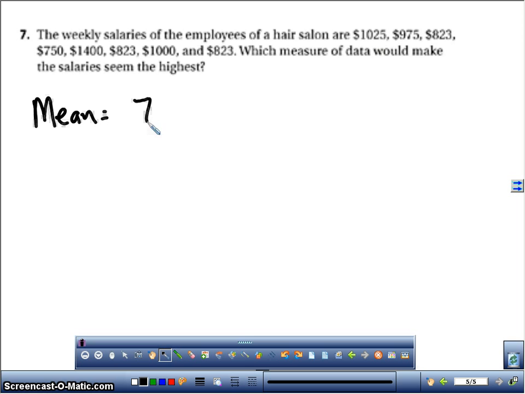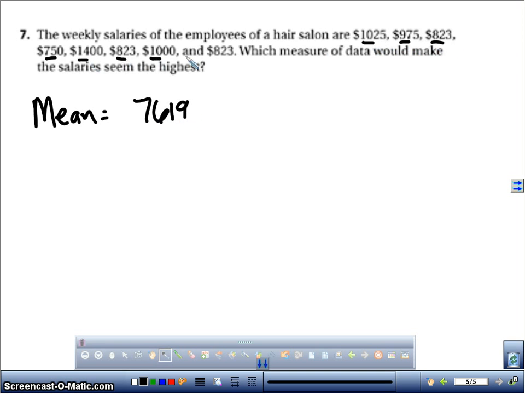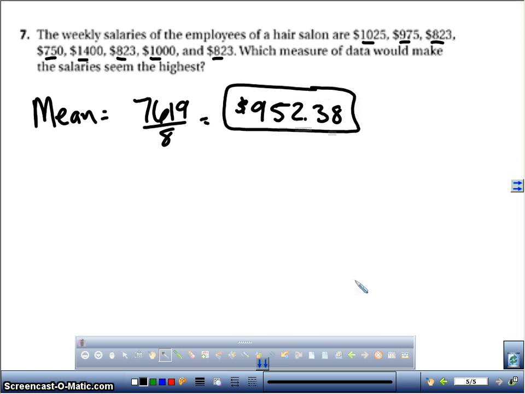That gave me 7,619, and I've got 1, 2, 3, 4, 5, 6, 7, 8 things. So I divide that by 8, and that gives me $952.38 if I round. Now that seems like a decent number that fits within the data okay.